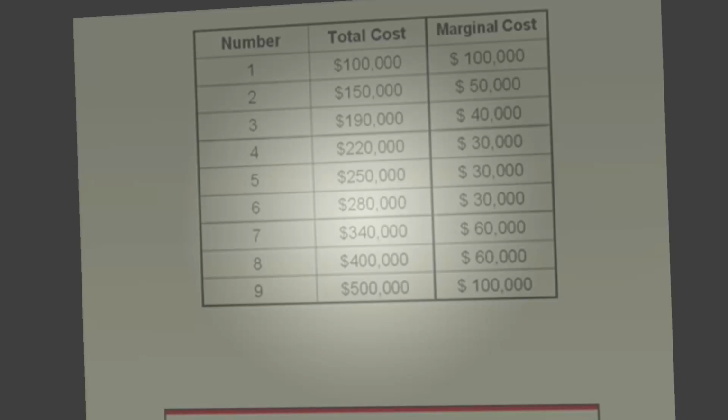Part C, what's the average cost at 5 machines? The average cost is the total cost over the number of machines, which is 250,000 divided by 5, which is 50,000.